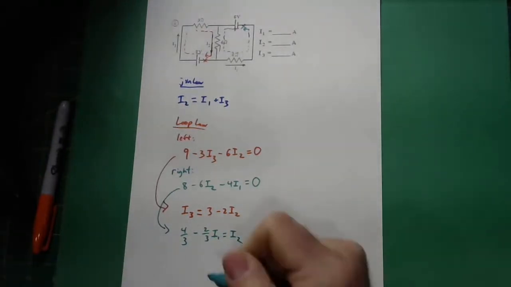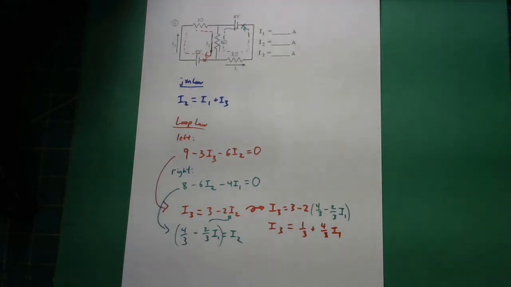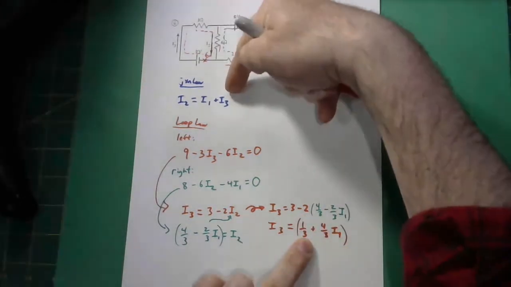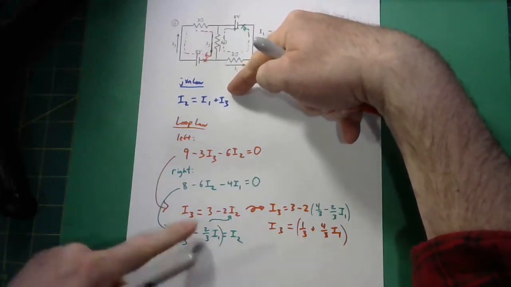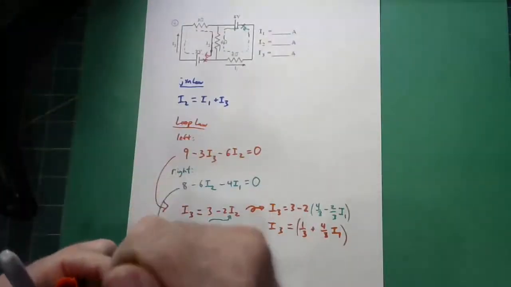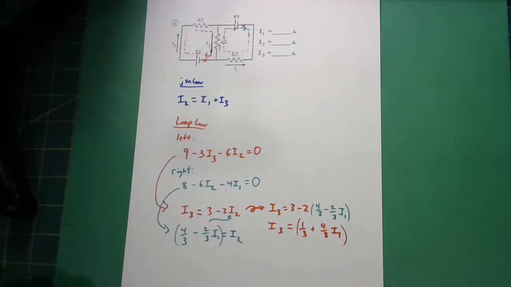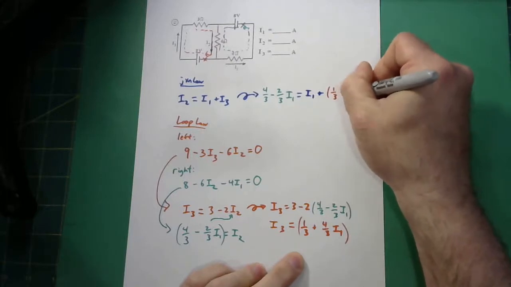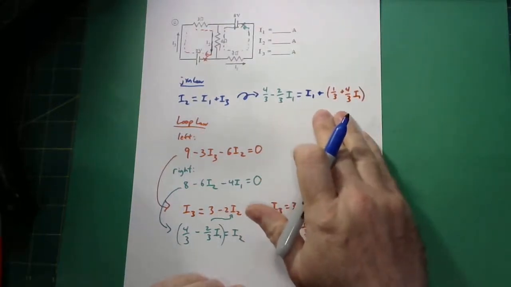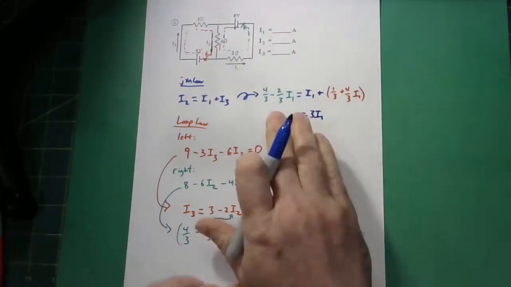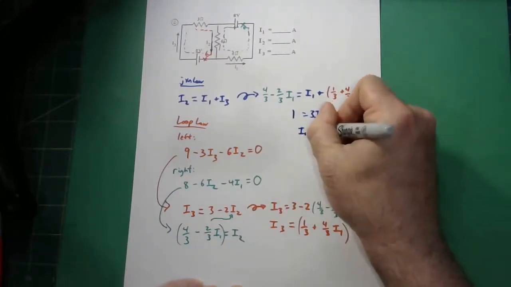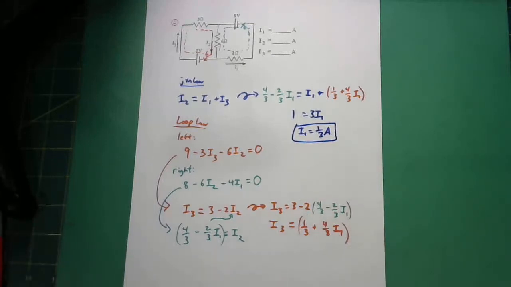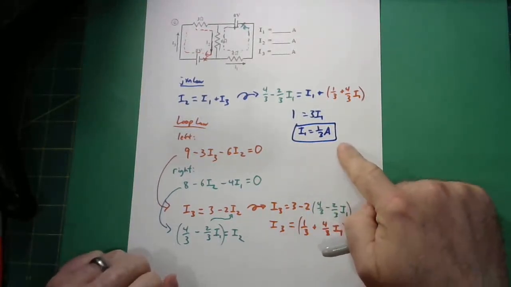I can take this and substitute it in where it says I3, and take this and substitute it in where it says I2, and I'll have an expression with just one variable, I1. Now I can tidy this up. It comes out nicely to be 1/3 of an amp. All right, now I know my value for I1.